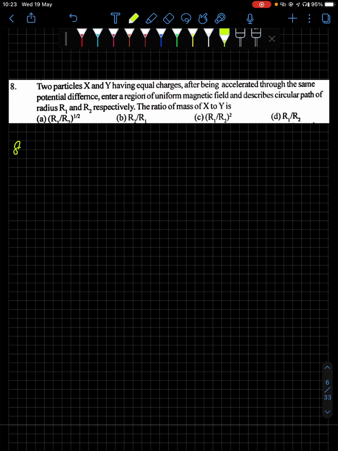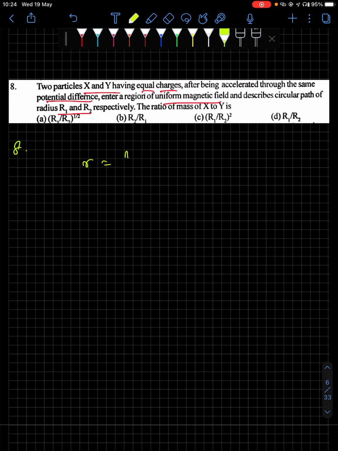Next, question number 8. You have charged particles X and Y, they have equal charges, and after being accelerated through the same potential difference enter a region of uniform magnetic field. They describe circular paths of radius R1 and R2. So the ratio of the masses of X and Y is what?